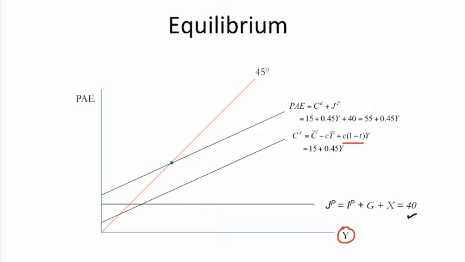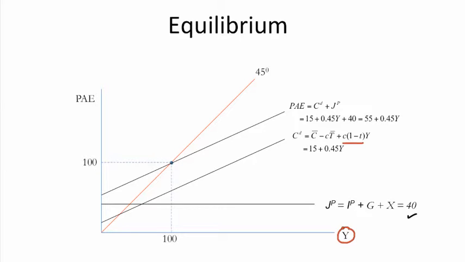So planned aggregate expenditure has an endogenous component. It's different for different flows of income. But it also has significant exogenous components, primarily coming through those planned injections, but also remember that consumption itself has some exogenous elements. So planned aggregate expenditure in total has both components that are exogenous and endogenous.